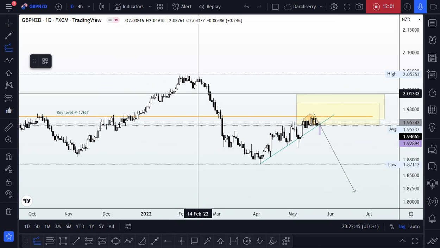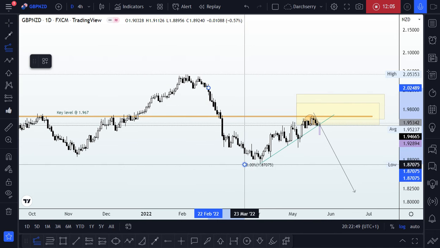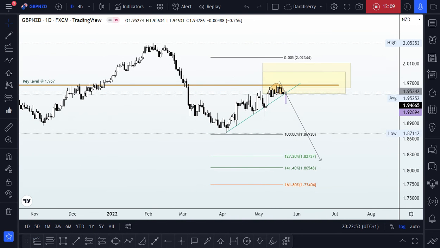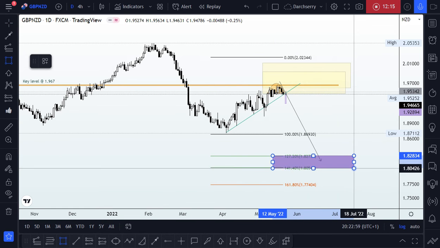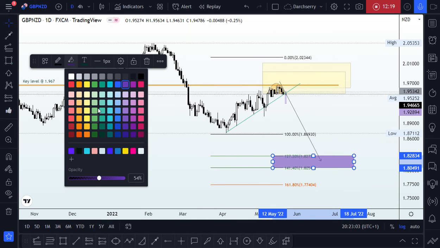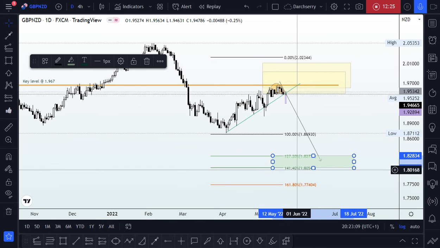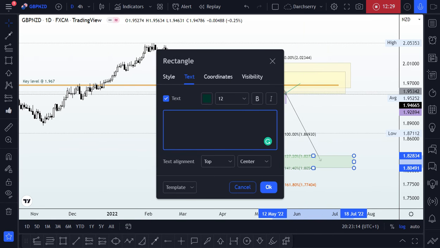So bringing out the Fibonacci extension tool and running through that impulse leg, we will have something like this. And then we'll have a take profit target right between 127.2% and 141.4% extension of that impulse leg, which falls at exactly around 1.8200 area.